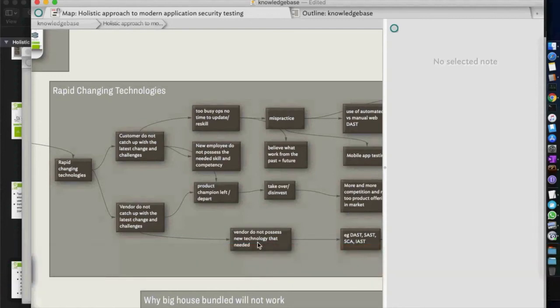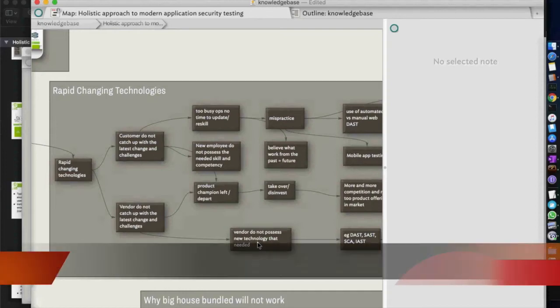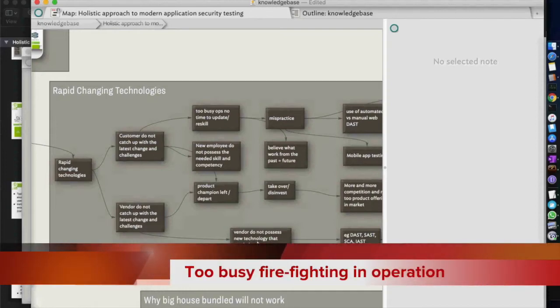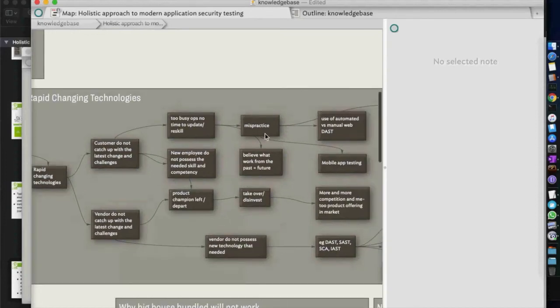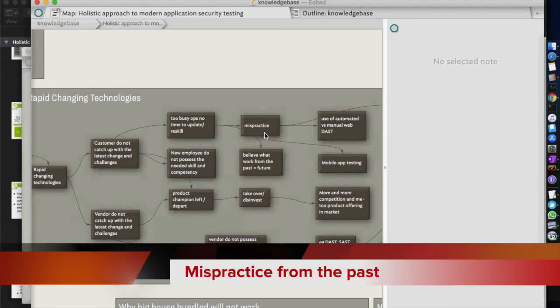Why we say so? Because typically, the enterprise customers we're talking about are either too busy in operations, so-called no time to update, or to skill up and catch up with what is new and changing in the market, which usually ends up with a lot of mispractice in place. I give you one classic example.